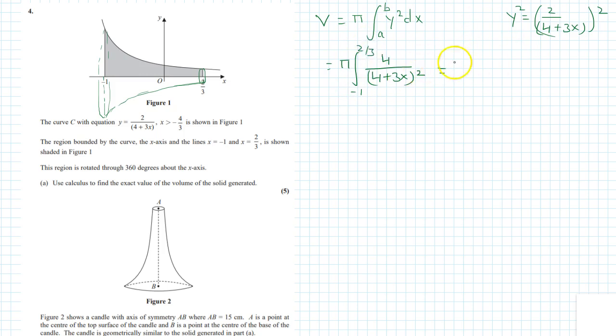So if we integrate it, that is pi times 4, this is power minus 2, minus 2 plus 1 is minus 1, so 4 plus 3x to the power minus 1, divided by minus 1, and divided by the differential of 3x, which is 3.